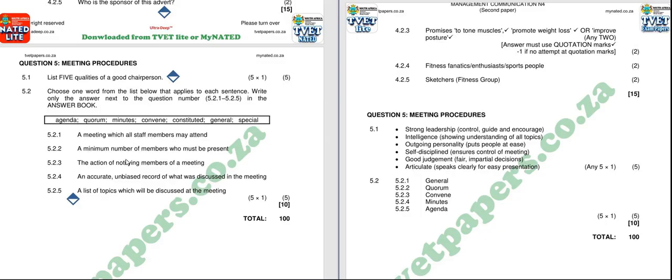It is a general meeting. Then a minimum number of members who must be present is a quorum. The action of notifying members of a meeting is convene. An accurate and unbiased record of what was discussed in the meeting is minutes. A list of topics which will be discussed at the meeting is an agenda. So that's what we have on that part.